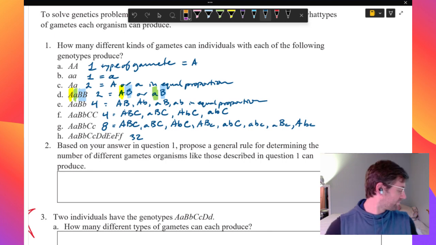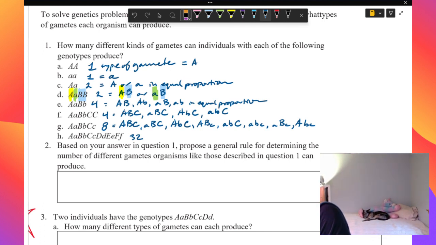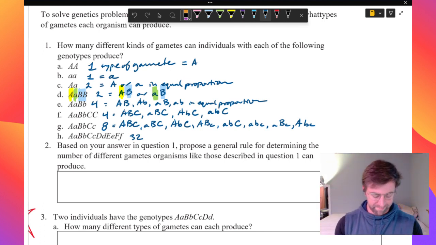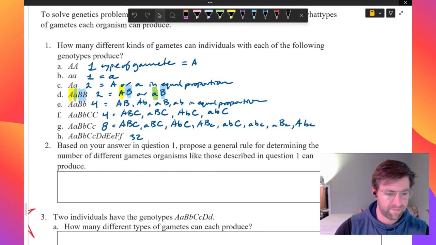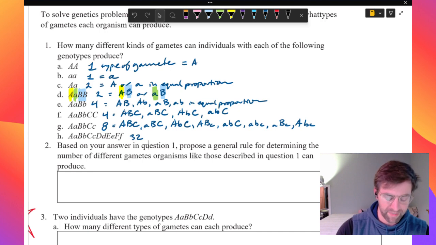Hang on. Something doesn't feel right. Check our work. Yeah, this is wrong.